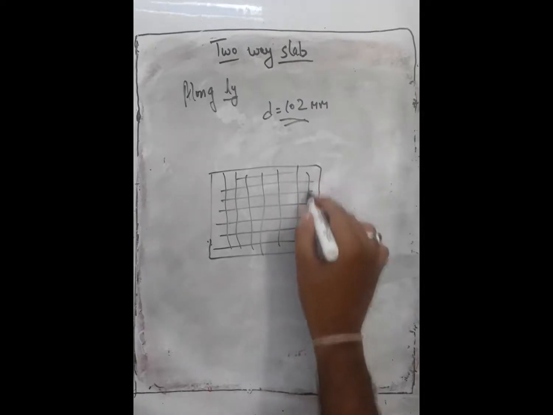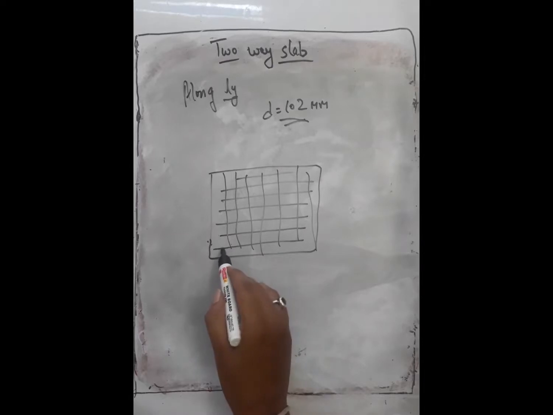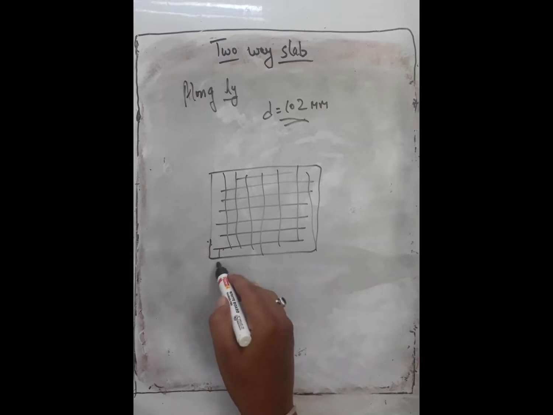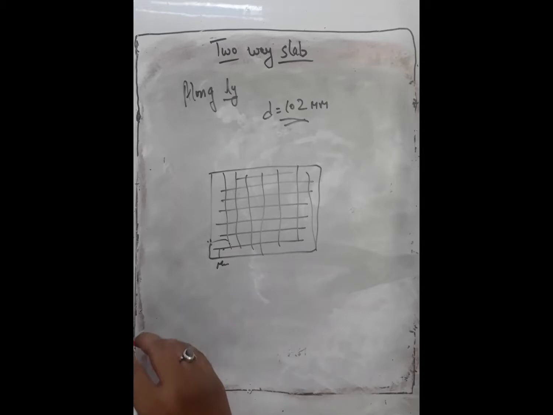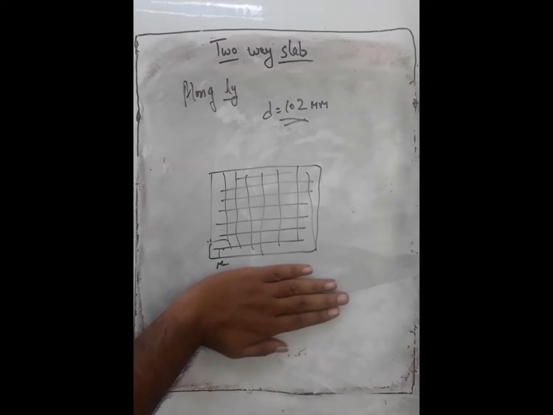This reinforcement and this reinforcement are both main reinforcement, but one is on top of the other, because if we put reinforcement in both directions, we have to put one above the other. This is the reinforcement I provided along the shorter span.